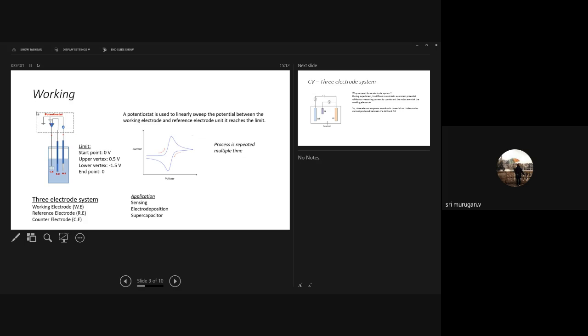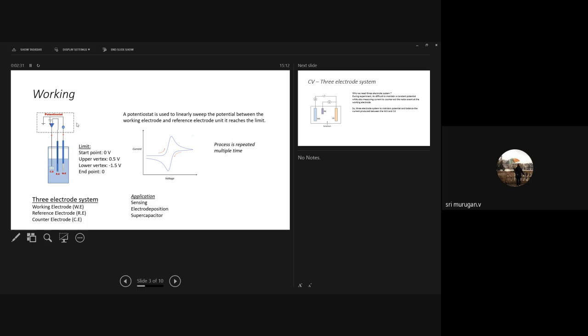Coming to the working of cyclic voltammetry, like other electrochemical experiments, it needs a three electrode system. In upcoming slides, we will see why we need a three electrode system. We connect the three electrode system to the potentiostat, which is a part of the electrochemical workstation.